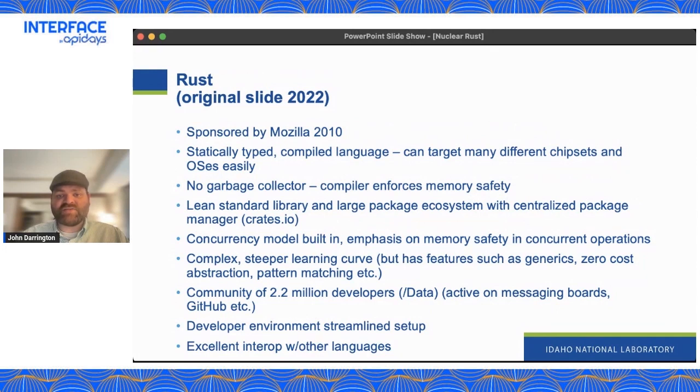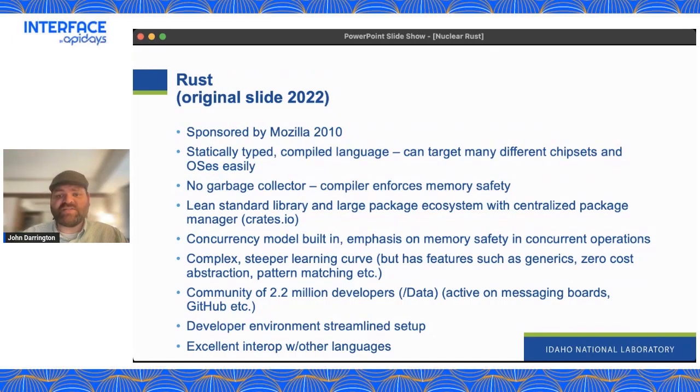Again, it's sponsored by Mozilla, and some of this is inaccurate. And I wanted to maintain the inaccuracies so that we could maintain this original slide exactly how it was, so that you could see, inside companies as they make decisions to shift technologies, what some of the presentations they might give are. But it's a statically typed compiled language.